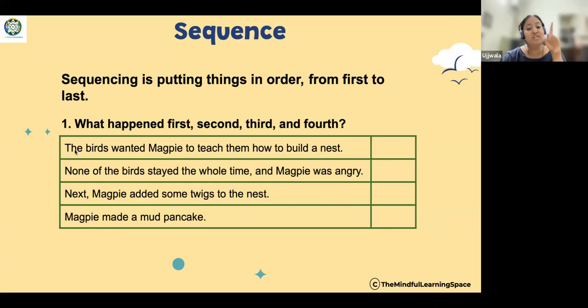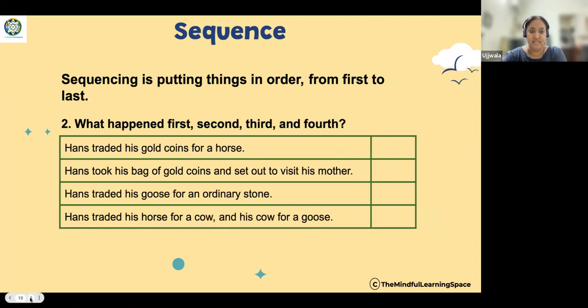But first is the birds wanted Magpie to teach them how to build a nest. Okay. Then Magpie made a mud pancake. Good job. Next, Magpie added some twigs to the nest, and then none of the birds stayed the whole time and Magpie was angry. Good job, guys. You were quick enough. Wow. Let's see another challenge. That was really nice.